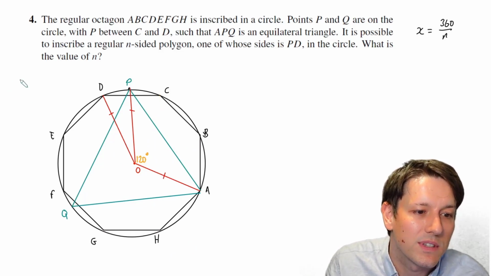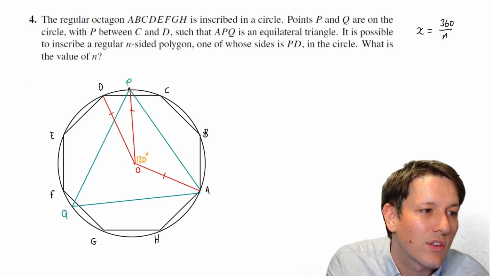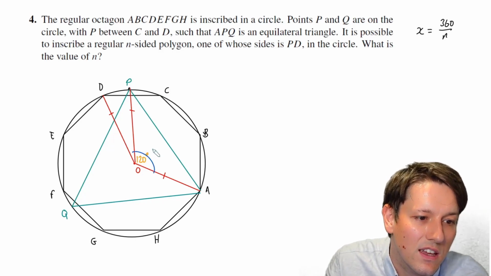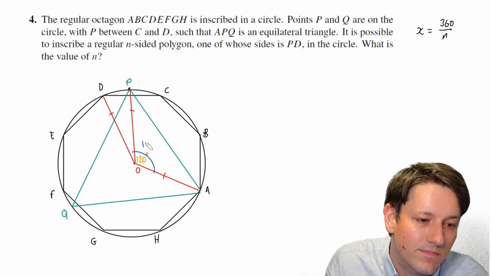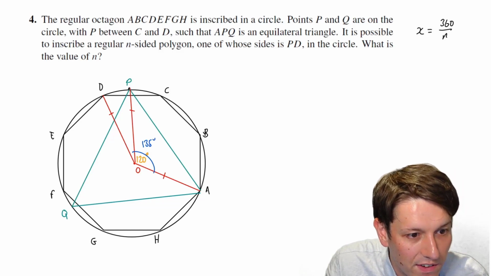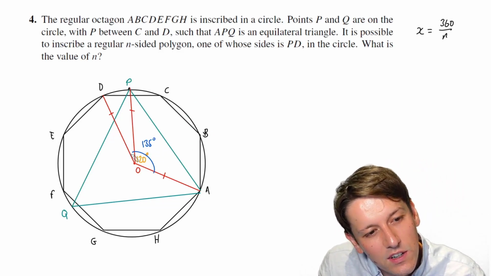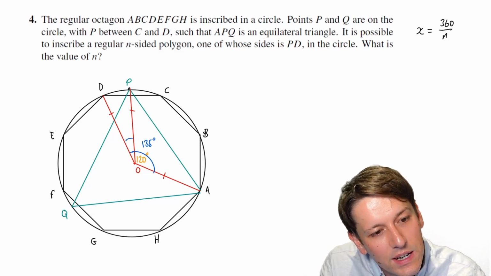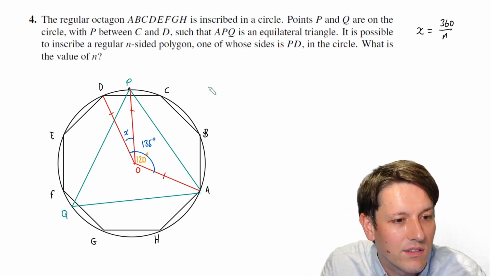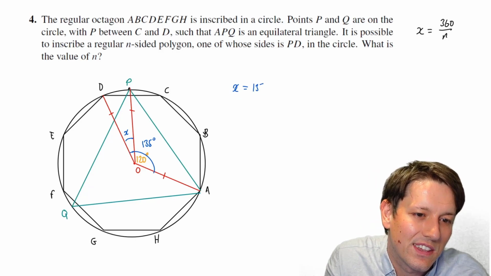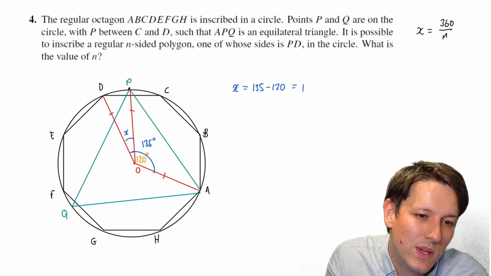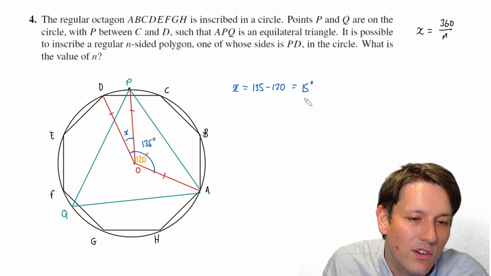So when I put them together, I'm going to have 3 lots of 45 degrees here, which is going to be 135 degrees. So I've actually learned quite a lot here, because what I can now say is that this angle here, which I'm going to call x now, is 135 minus 120, which is 15 degrees.